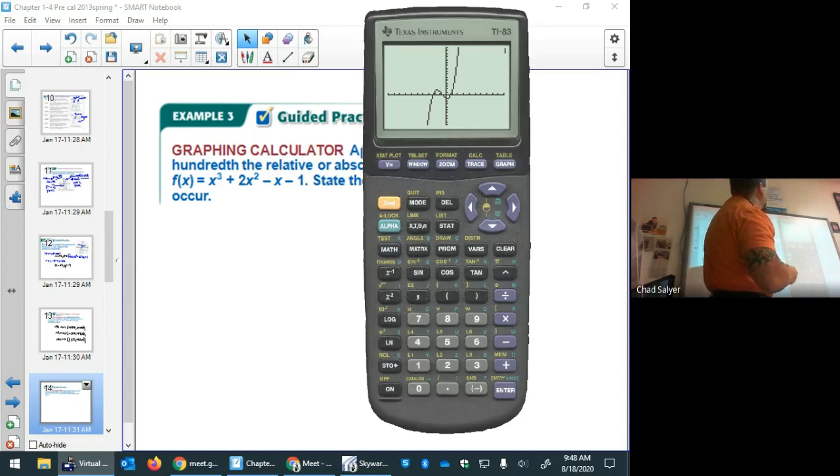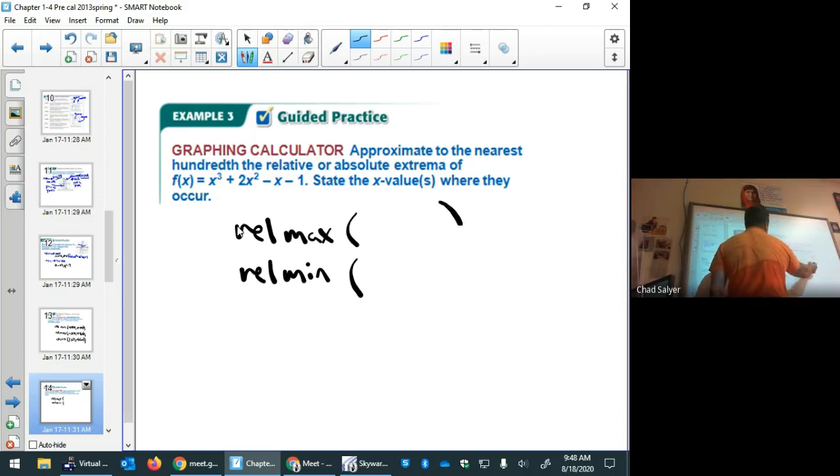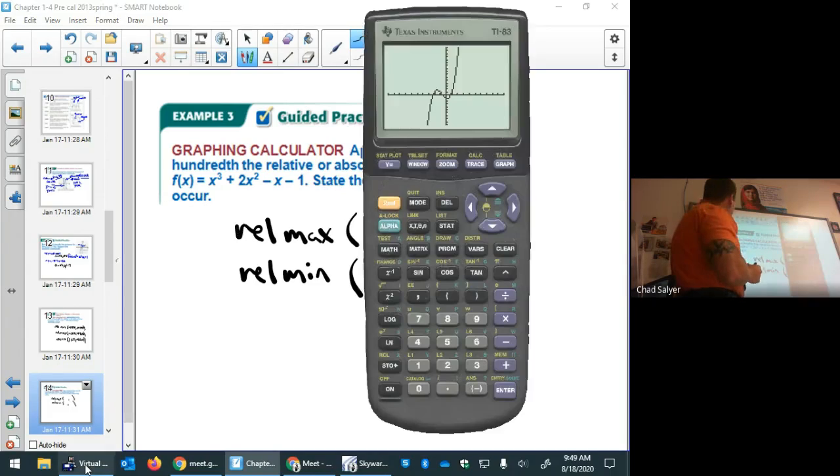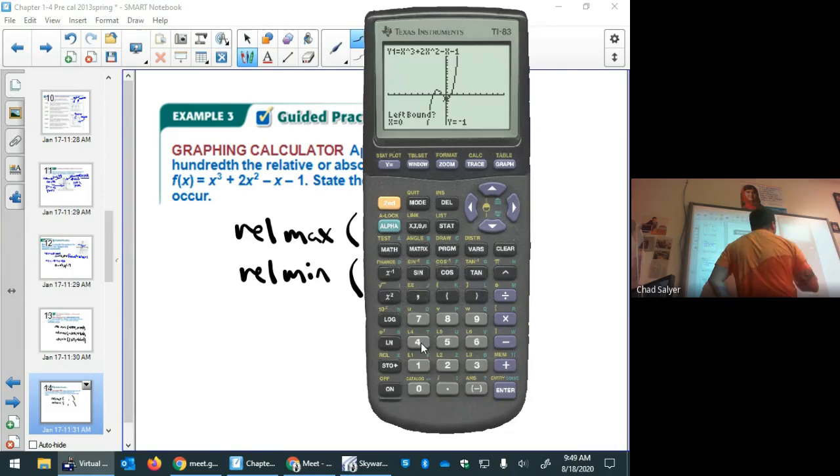It looks like a relative max and then a relative min. So we're going to have an x value and a y value for those. Second trace, and let's do the maximum first. Yeah, that's 4.